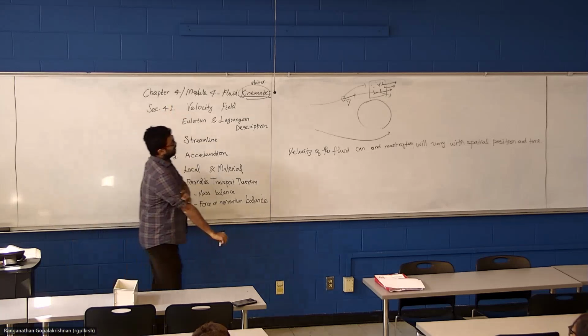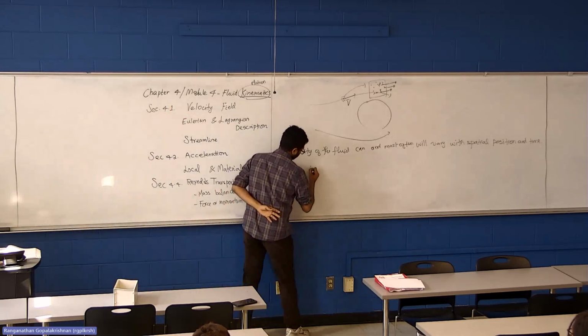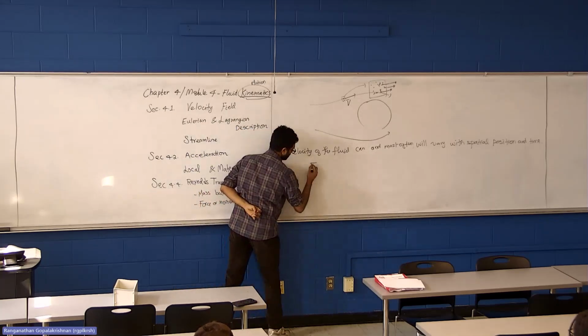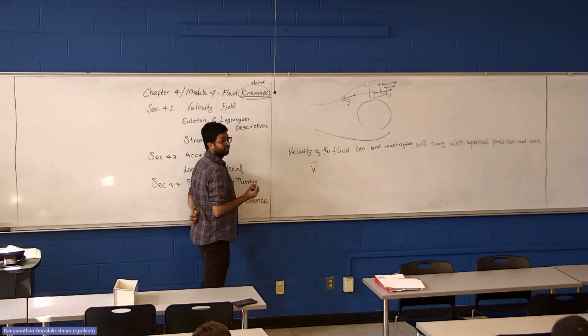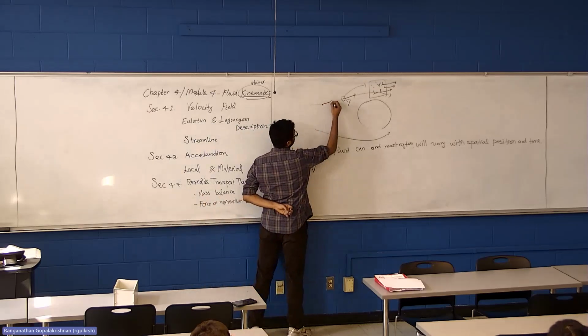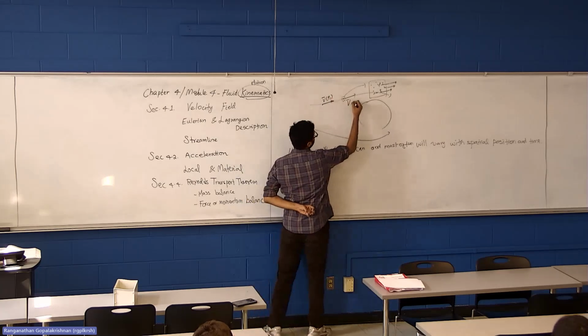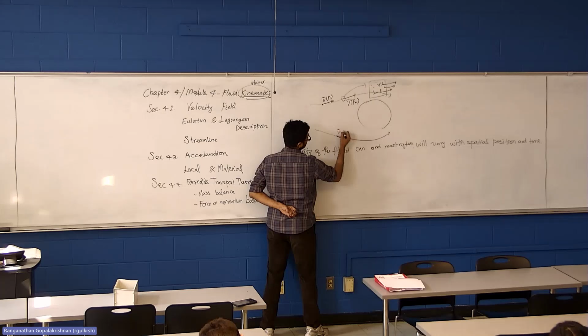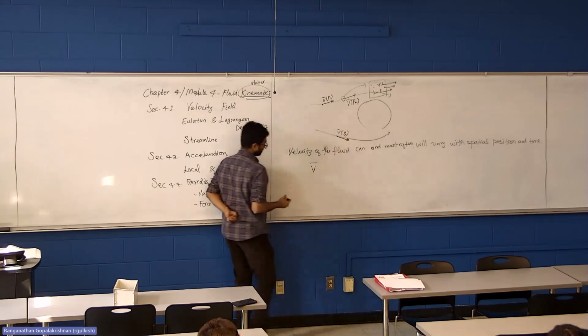velocity field. So if I write the velocity, I give it the symbol v vector. Obviously, velocity is a vector. And this velocity varies from point to point. So I'll call this v at point 1, v at point 2, v at point 3, and so on. I can keep representing these.